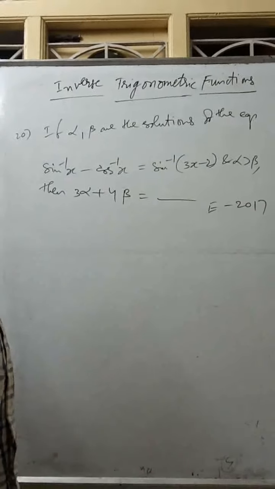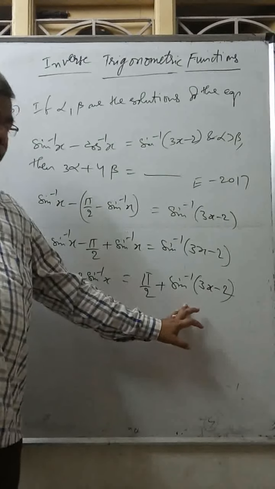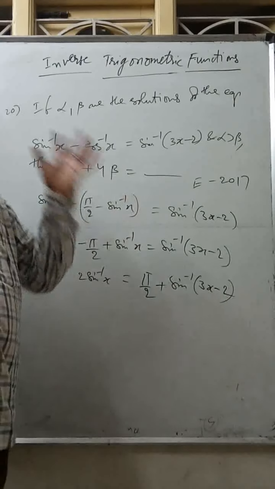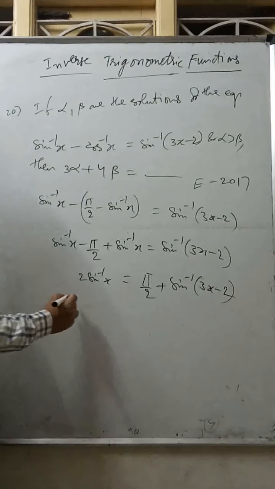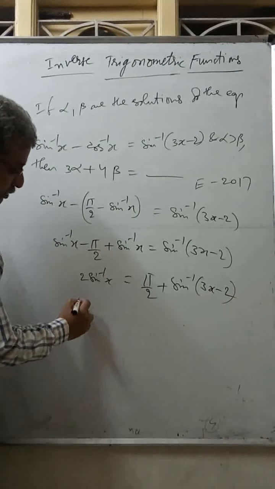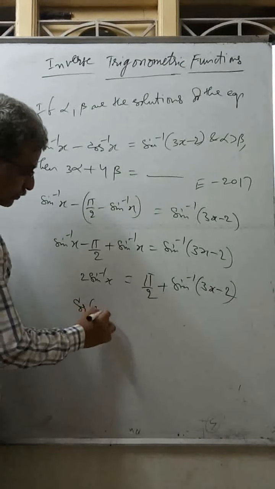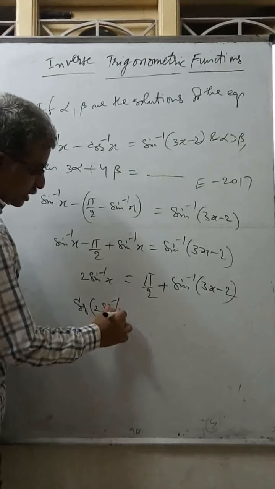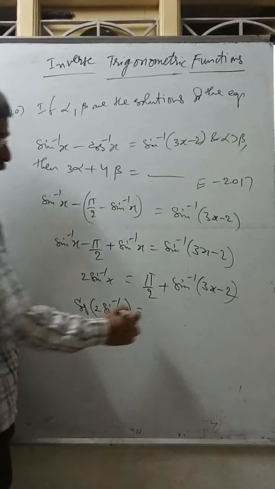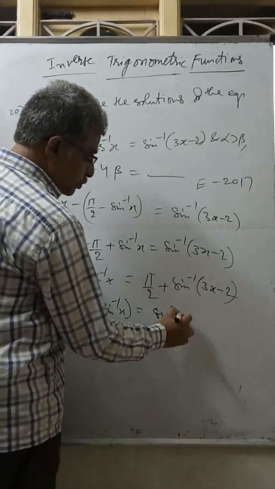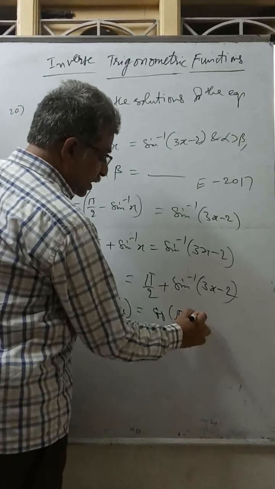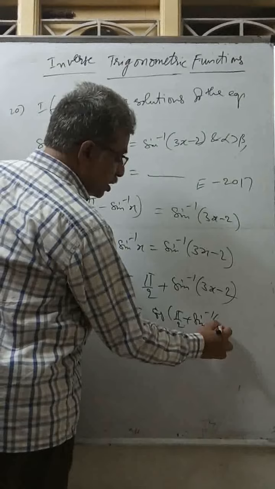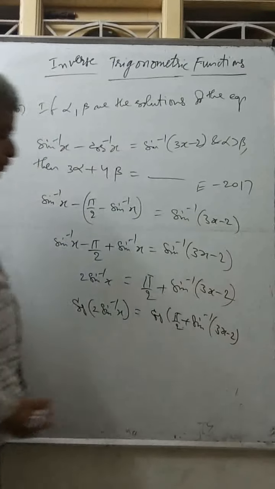If I apply cos on both sides, cos of 90 plus theta becomes minus sin theta, and sin inverse sin gets cancelled. So cos of 2 sin inverse x equal to cos of pi by 2 plus sin inverse of 3x minus 2.